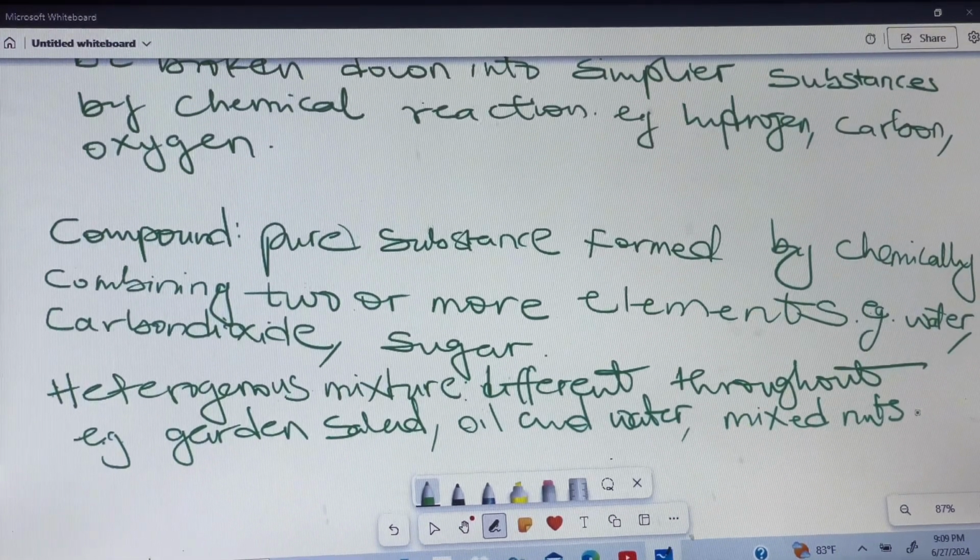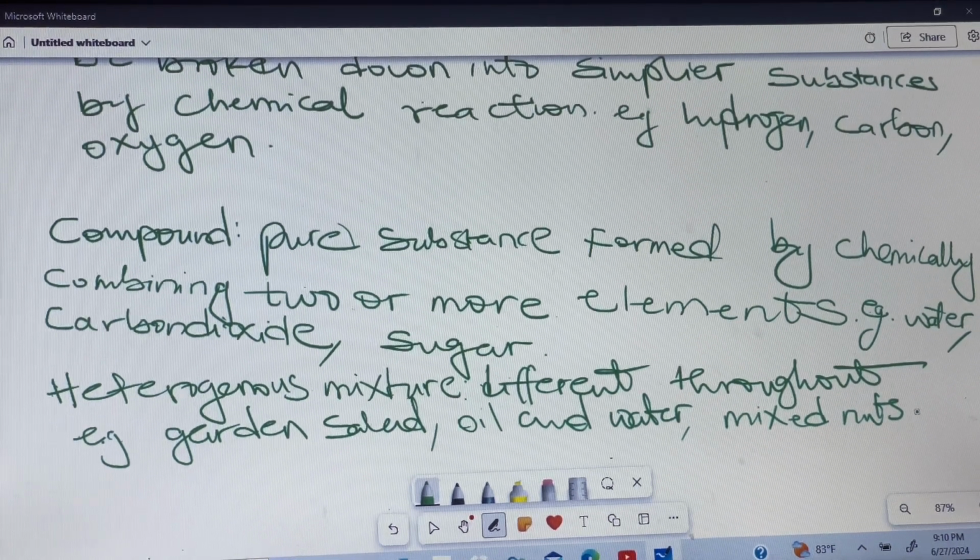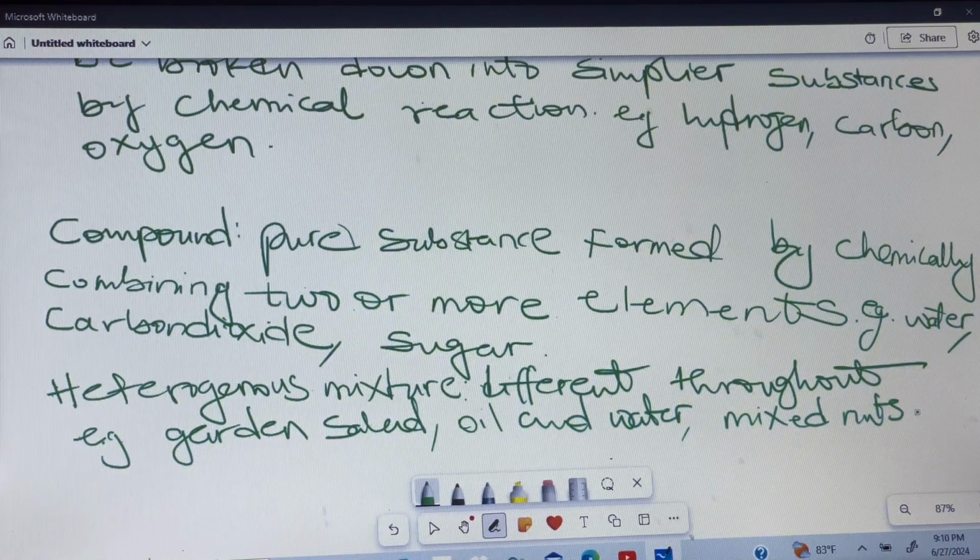So when you look at a heterogeneous mixture, it looks different throughout. You see different textures, different colors, something like that. You just see different parts that are not well mixed to form one. That's why we call it heterogeneous.